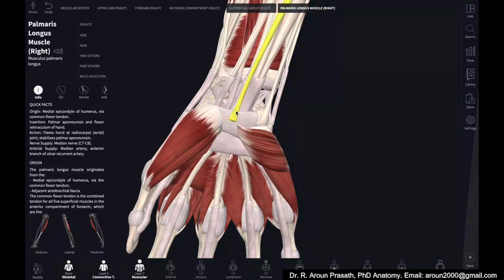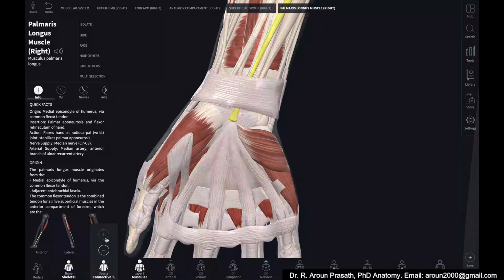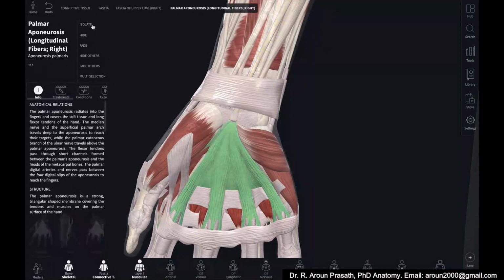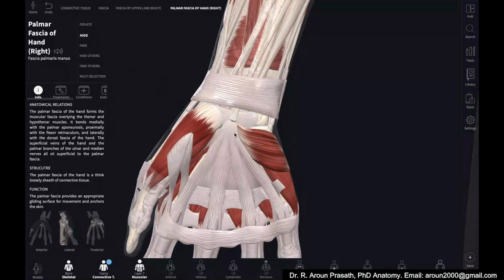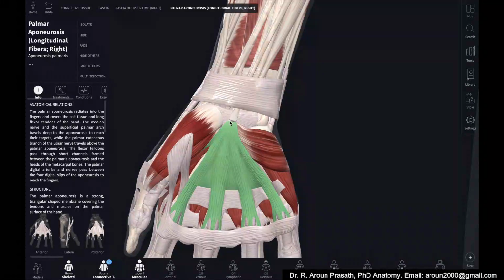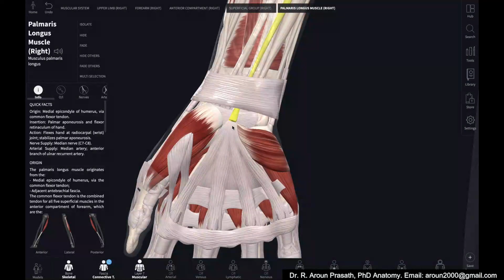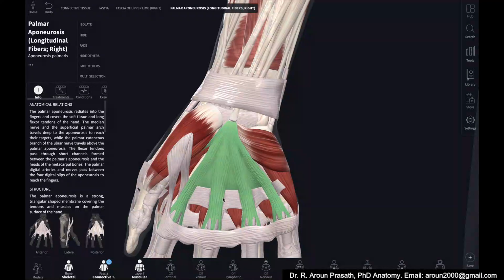Okay, and this palmaris longus muscle comes superficially and turns into the palmar aponeurosis. So this aponeurosis gives stability for the flexor digitorum tendons.